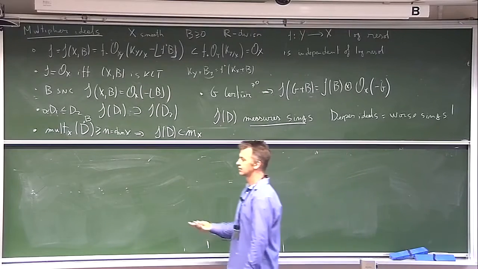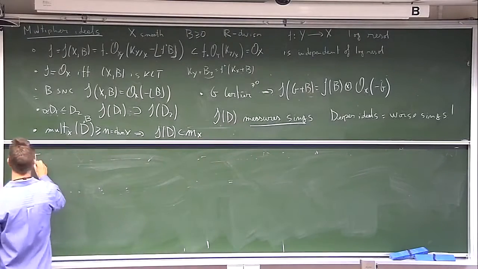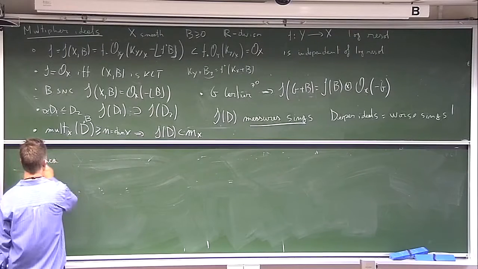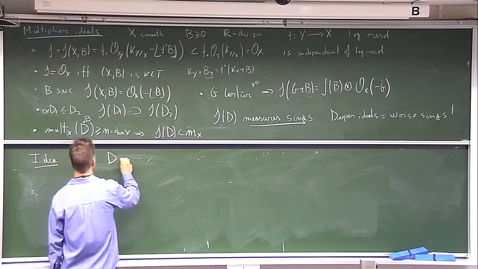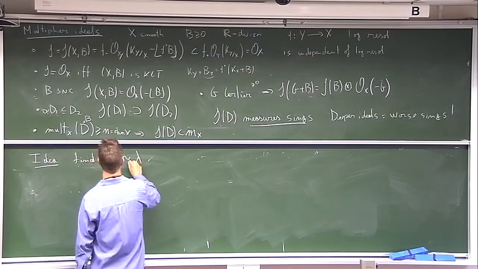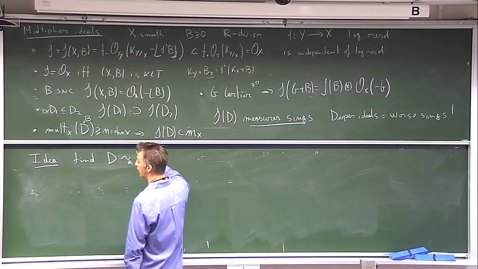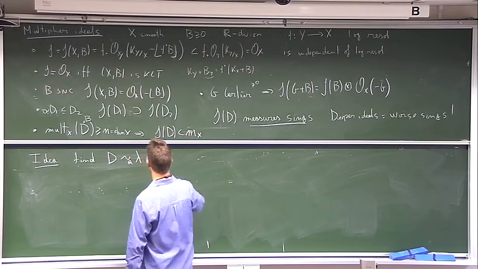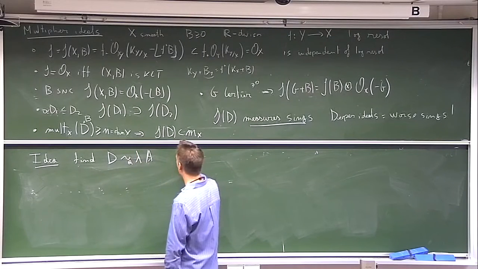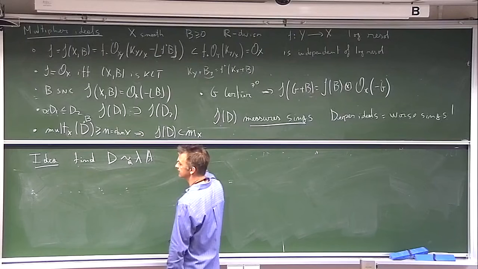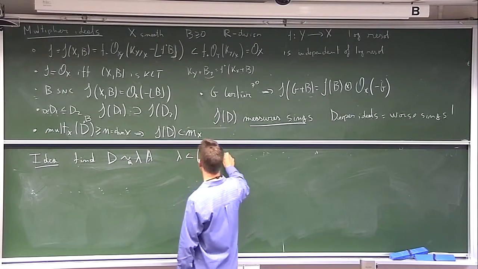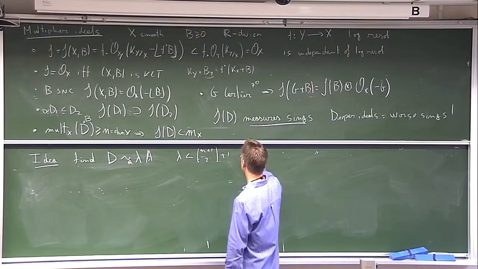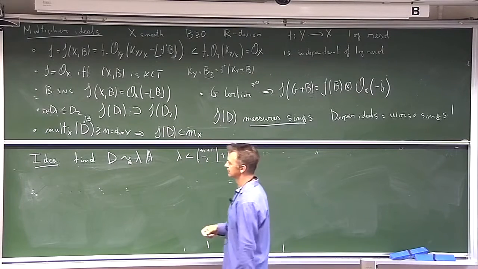The main idea: find a divisor D, which is Q-linearly equivalent to a multiple of A, where this multiple is less than (n+1 choose 2) plus 1, such that, okay, so I want to show it's base point free.